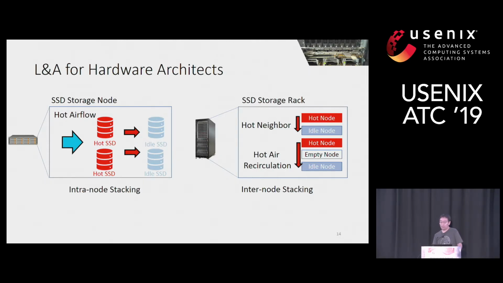We define passive heating as a relatively idle SSD that has been through high ambient temperature from hot neighbors for an extended period of time. Hot neighbors can be other hot SSDs in the same node, or hot nodes nearby, or hot nodes in the same rack but through some empty slots.